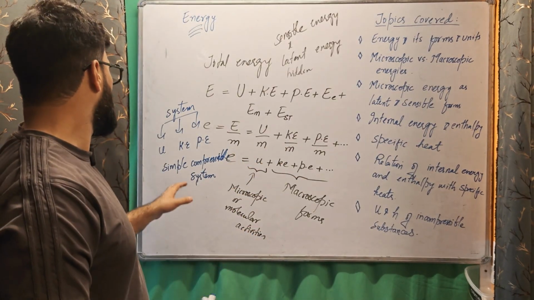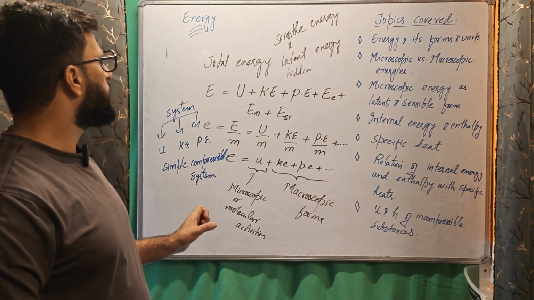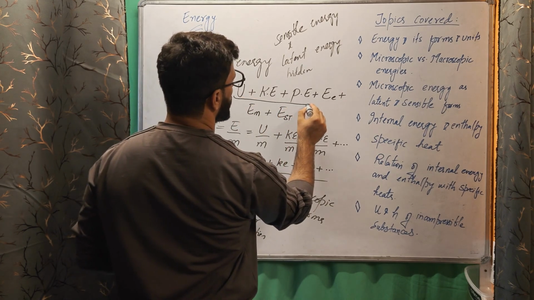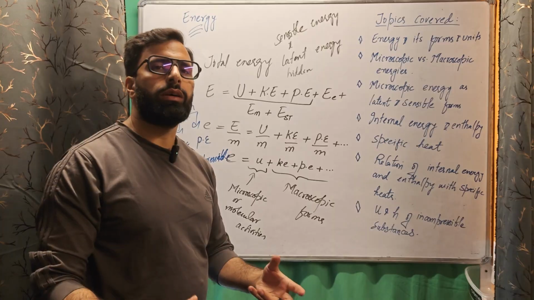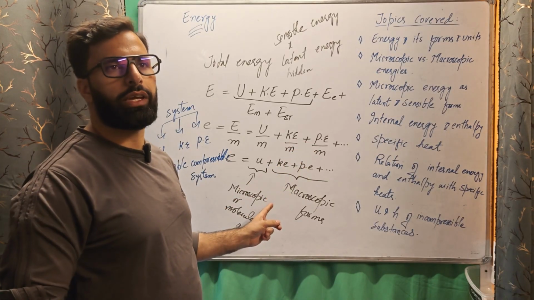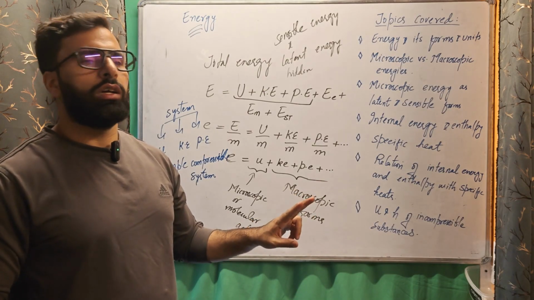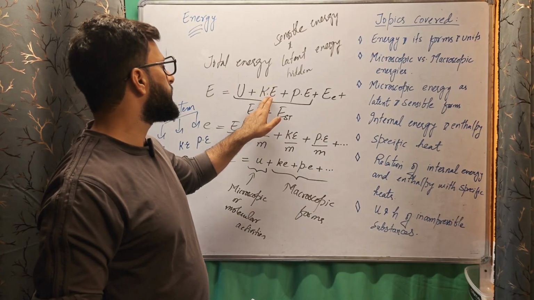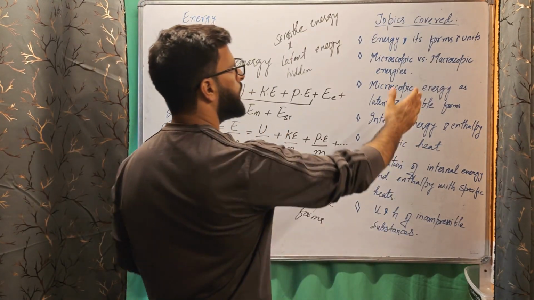We have to remember these three forms. When we hear about a simple compressible system, we mean it has one microscopic energy, that is internal energy, and only two macroscopic energies: if it is at rest, it has kinetic energy and potential energy only. So this microscopic energy is related to latent and sensible.